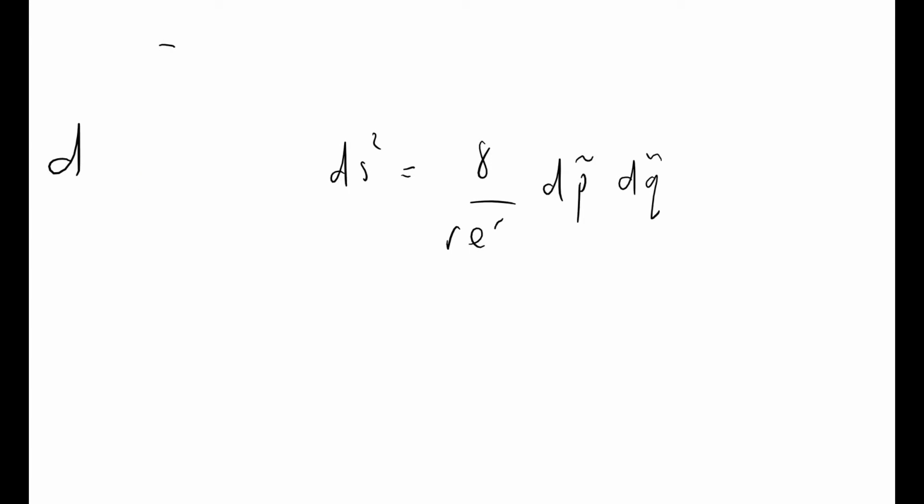And I've got my relationships here, which is that t equals a half (p twiddles plus q twiddles), and x equals a half (p twiddles minus q twiddles).